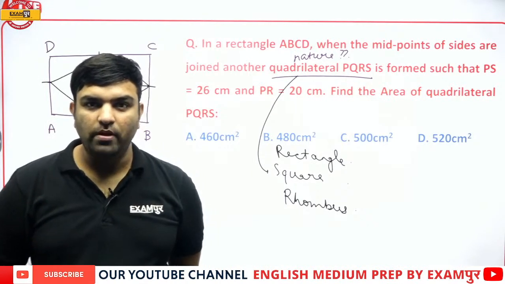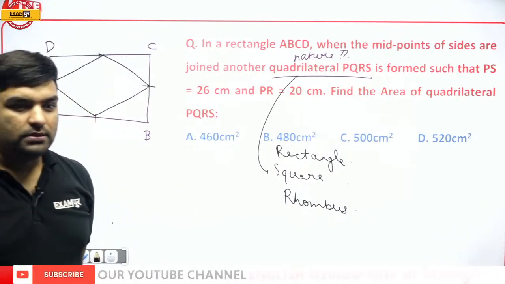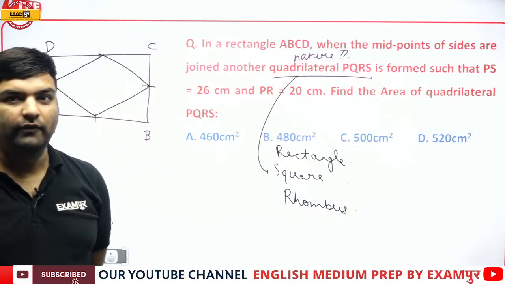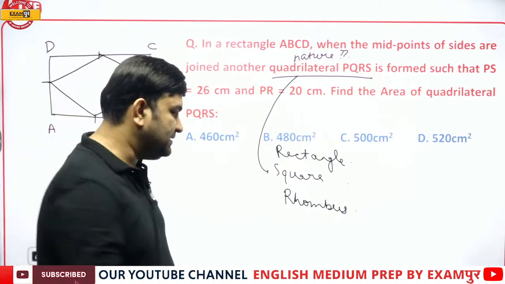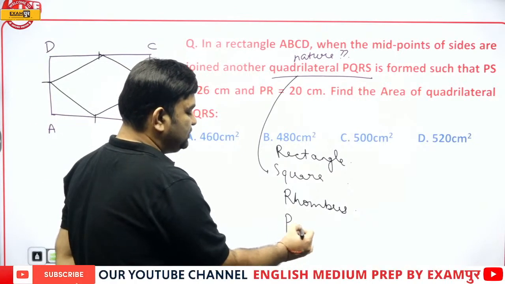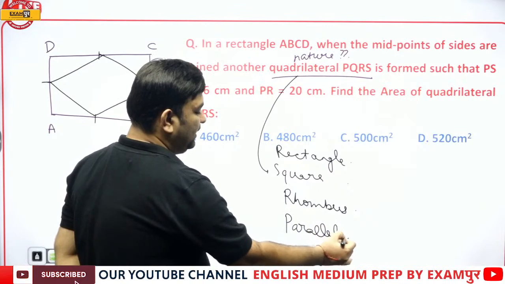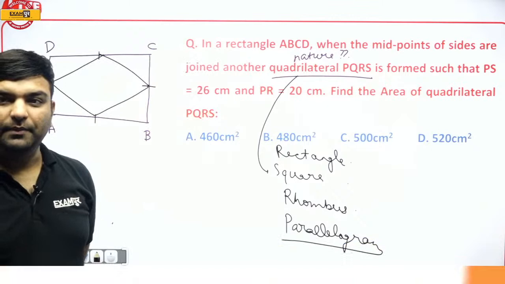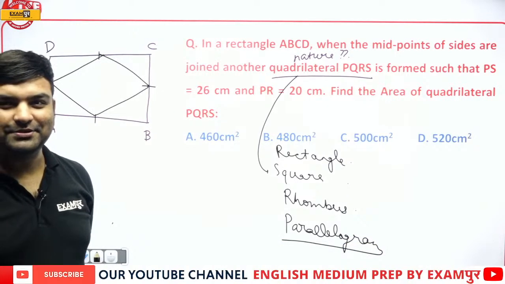Jivita is saying it's a rhombus, okay. So I'm very happy to say that there is something very important to learn over here. Harika is giving parallelogram. Maybe the concept of the day is coming in this question.